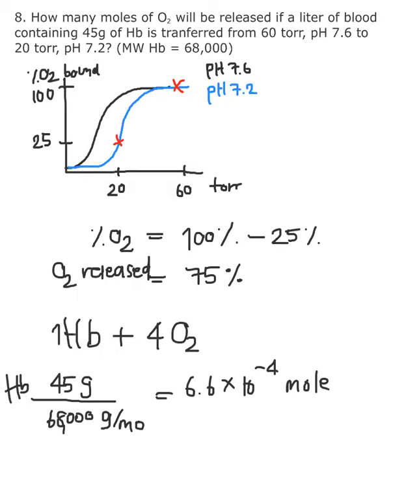Since we know that 1 mole of hemoglobin reacts with 4 moles of oxygen, it means that if you have 100% of oxygen bound, your oxygen moles would be 4 times 6.6 times 10 to the negative 4 moles. But we know that from pH 7.6 to 7.2, you have to release 75% of oxygen.